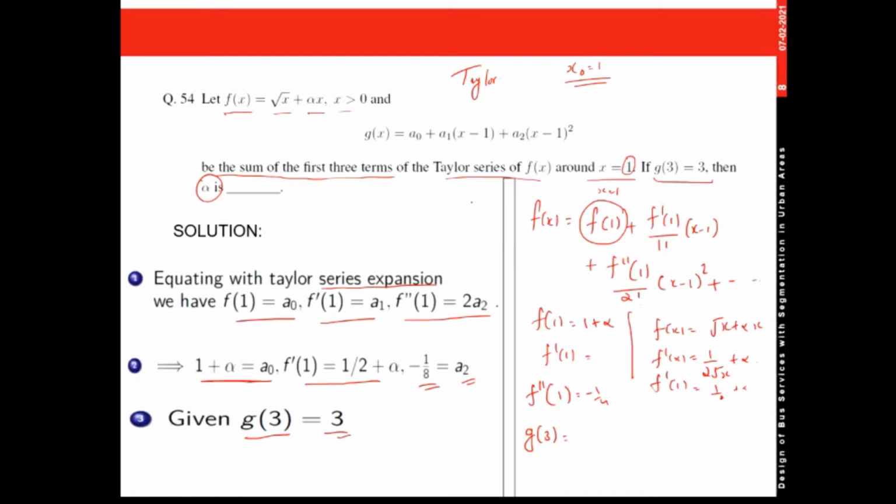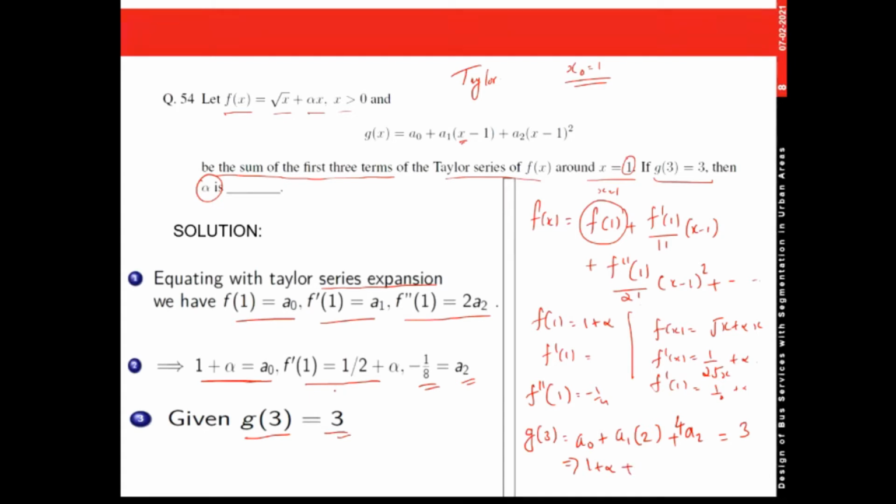So g of 3 is a naught plus a1 times (3 minus 1), which is 2, plus a2 times (3 minus 1) squared, which is 4.